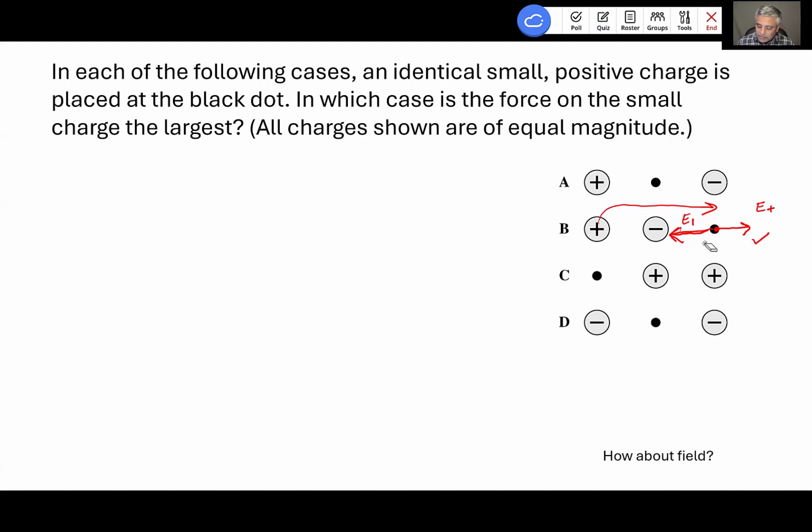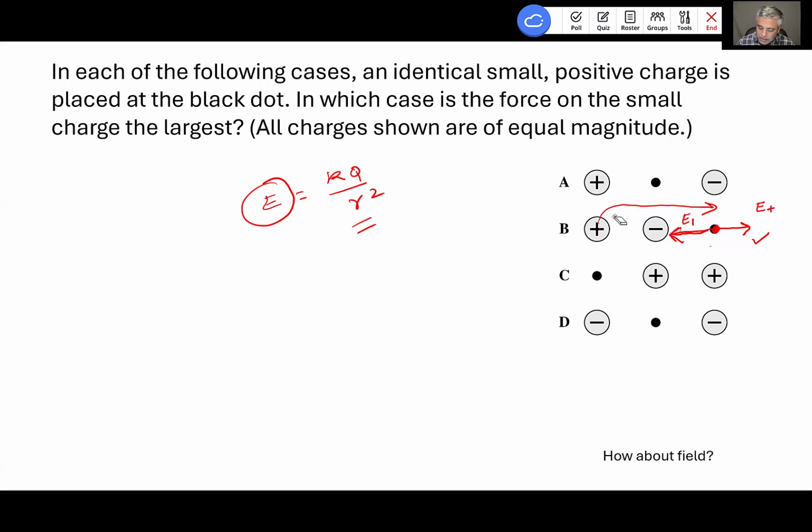And how do I know that? Because this point is farther from the positive charge, R is larger, and since R is in the denominator in our field equation, the larger the R, the smaller the field, just like force.